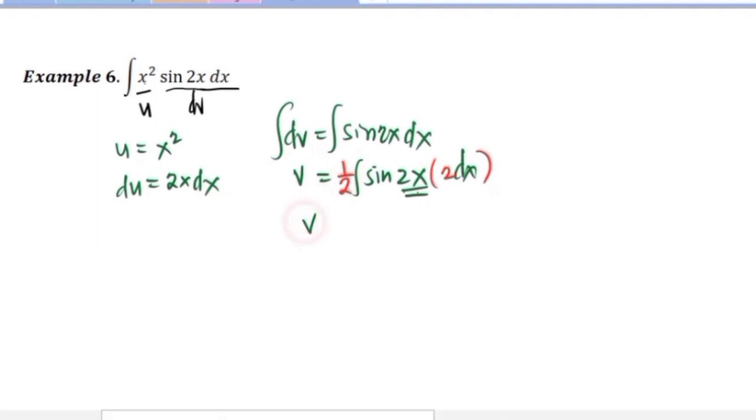So, we have v is equal to 1/2. The integral of sine is negative cosine v. So, that's 2x. So, simplifying, we have negative 1/2 cosine 2x.